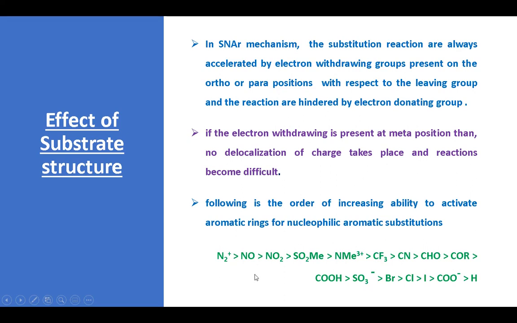As can be seen, the nitrogen-containing substituents act as good activating groups, enhancing the rate of reaction, and the position of substituents also greatly influences the rate of reaction. For example, if the electron-withdrawing group is present at the meta position, then no delocalization of charge takes place, and reactions become difficult.